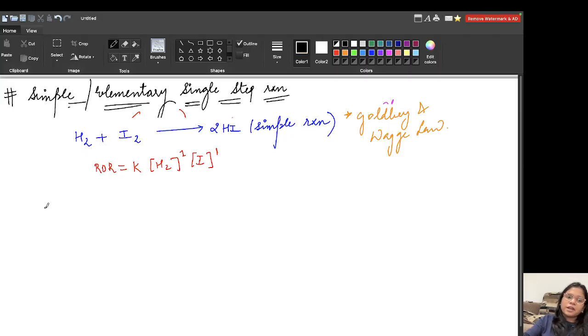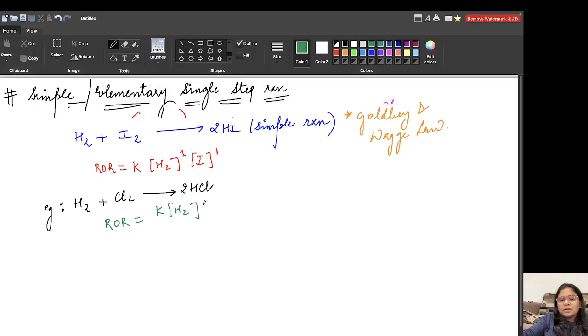Example, just try to write the rate of reaction of this single step reaction: H2 plus Cl2 giving me 2HCl. If you assume this to be a single step reaction, you might write the rate that way. But there is a huge but here.